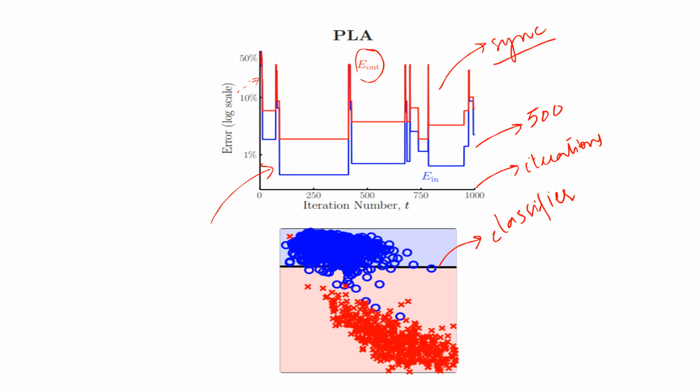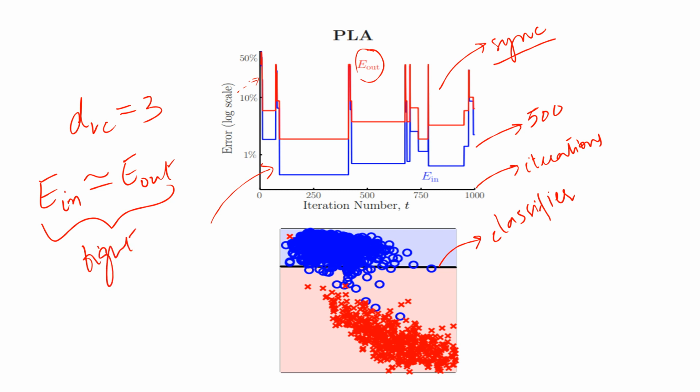That is what we did all these previous weeks, and finally we are here. So our theory is at work. My E in is linked to E out, remember? And because we have a VC dimension that is so low, that link is really tight. The link between E in and E out is really tight via the error bar, because my VC dimension is extremely small.